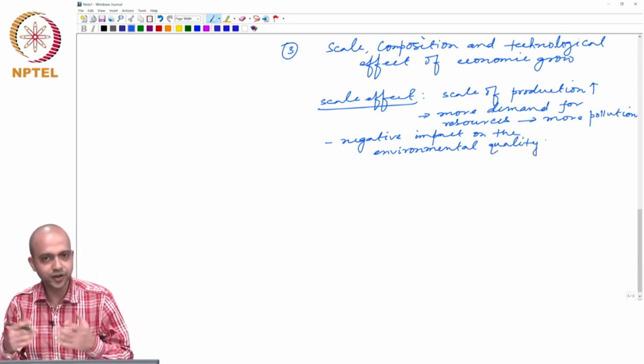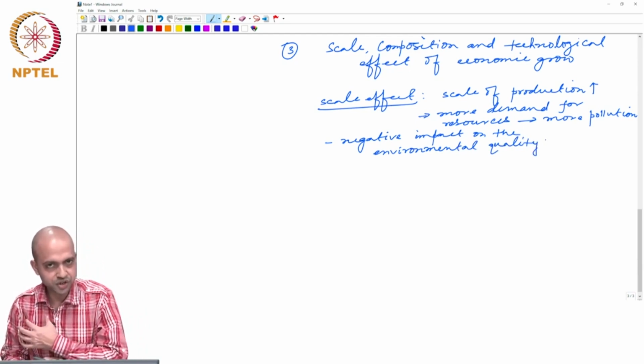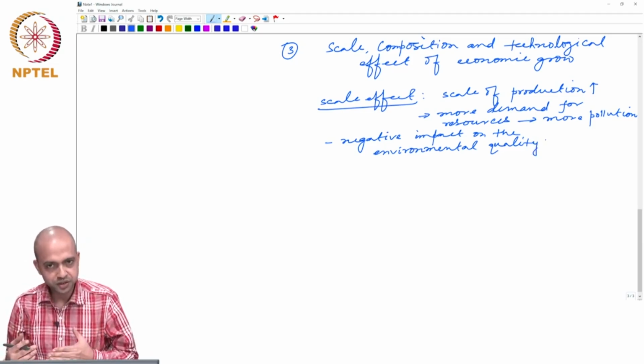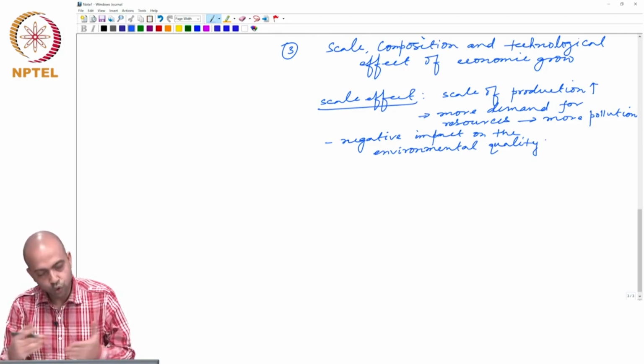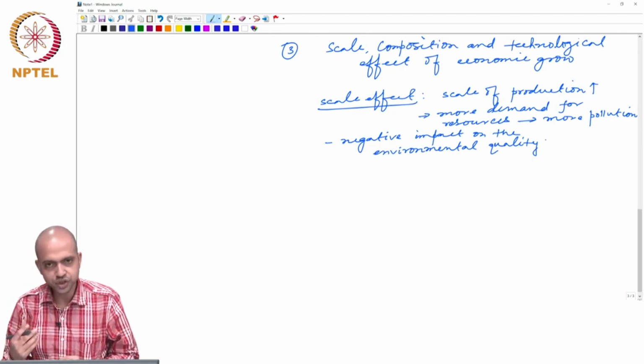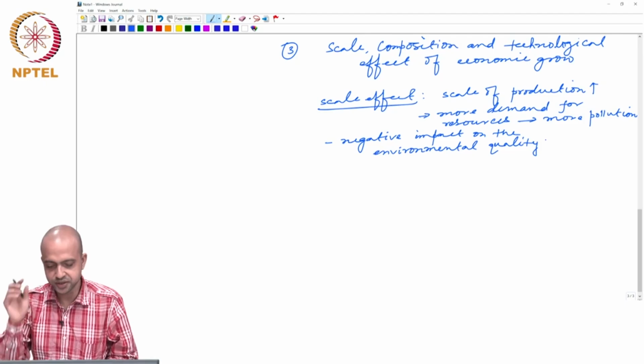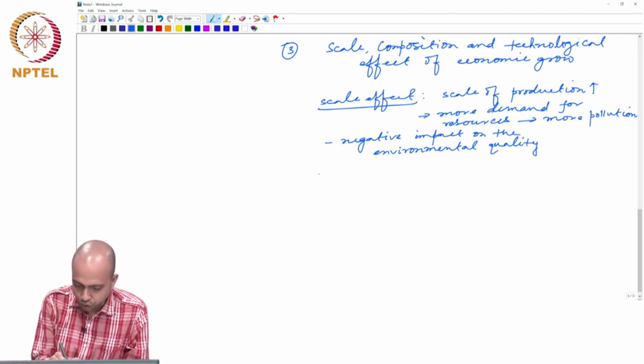As the economy starts growing, scale of production increases, so there would be more demand for resources, more resource extraction from the environment, more pollution. This is negative.